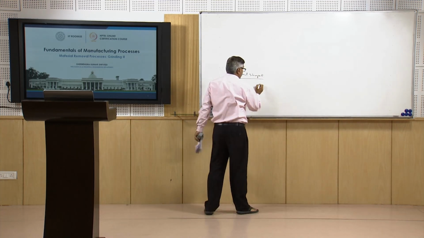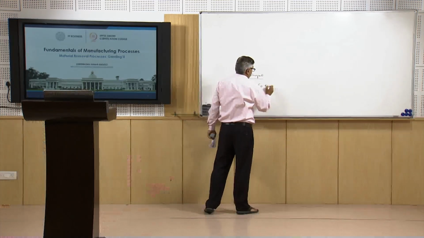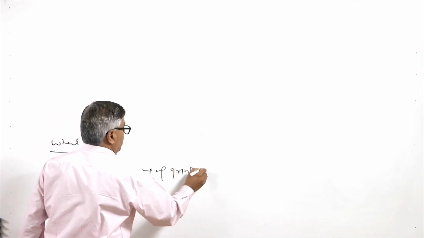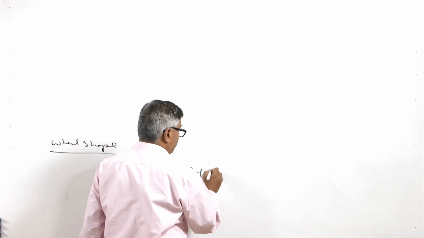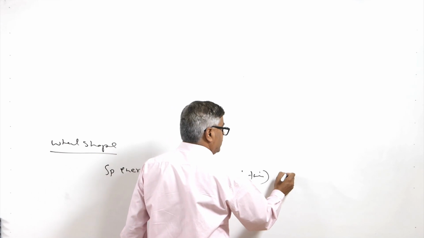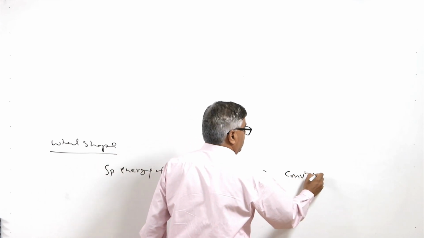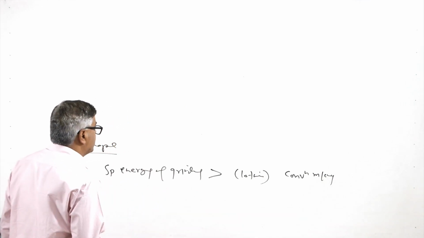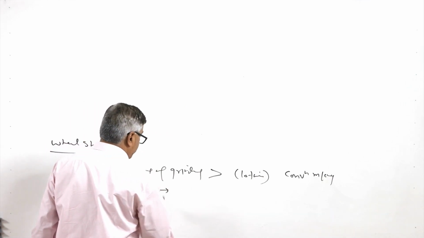As I have said, specific energy for grinding becomes much higher, about 10 times than the conventional machining like milling process. The reason for this, there are three important reasons.